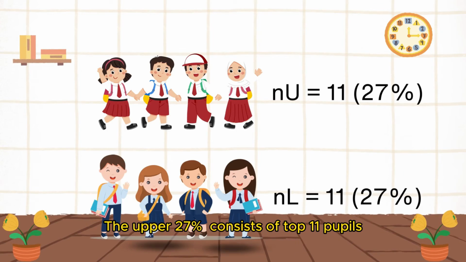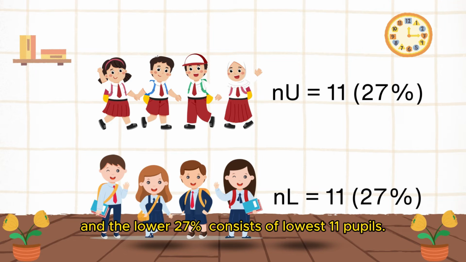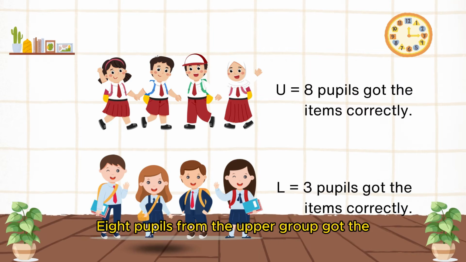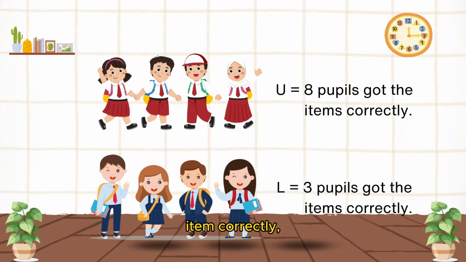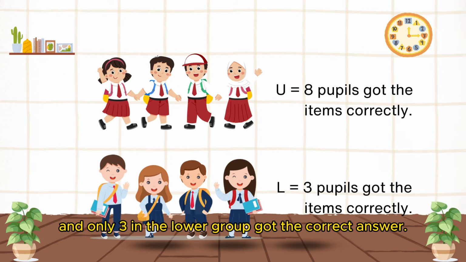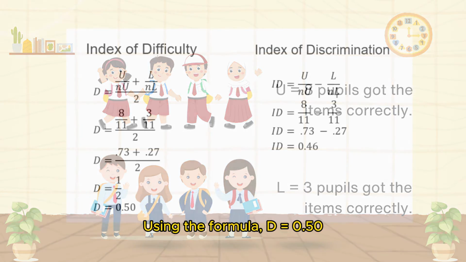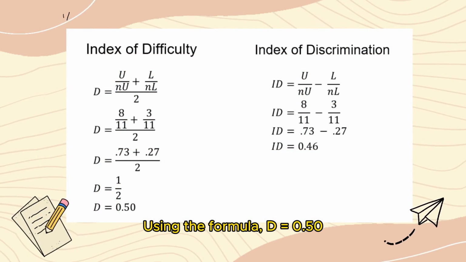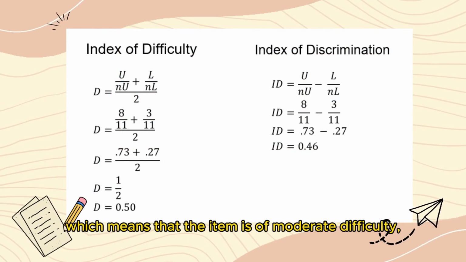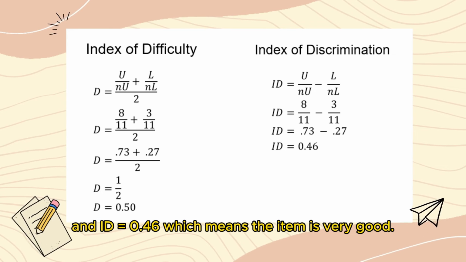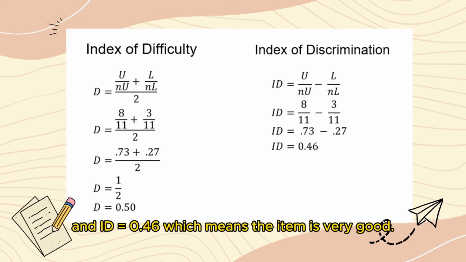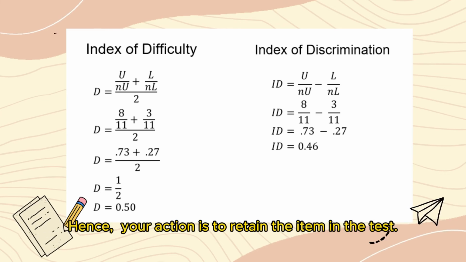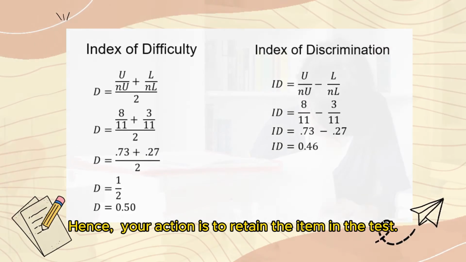The upper 27% consists of the top 11 pupils, and the lower 27% consists of the lowest 11 pupils. 8 pupils from the upper group got the item correctly, and only 3 in the lower group got the correct answer. Using the formula, D is 0.50, which means that the item is of moderate difficulty, and ID is 0.46, which means the item is very good. Hence, your action is to retain the item in the test.